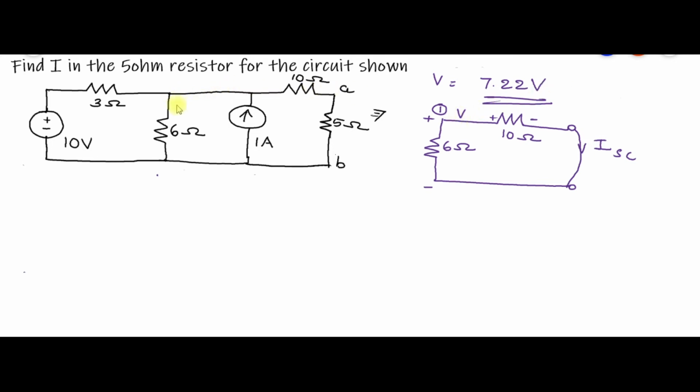Here we have assumed a node here, so that nodal voltage is taken as positive. Then this 10 ohm I have assumed as positive to negative. Then the short circuit current ISC. Then you have to apply KVL in this loop and determine the value of this ISC.